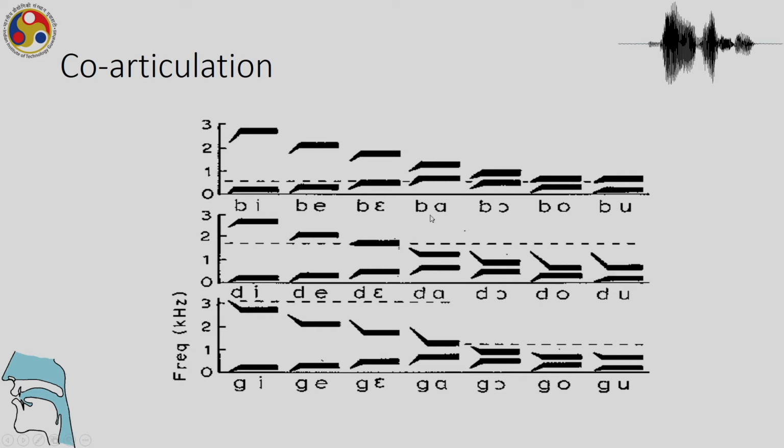So, ba has a different transition from bi, and similarly across consonants also, b is different from g, and g is different from d. So, both across vowels and across consonants there are differences in formants and transitions. So, we have a lot of variability in the signal, and it seems people are sensitive to these variations.